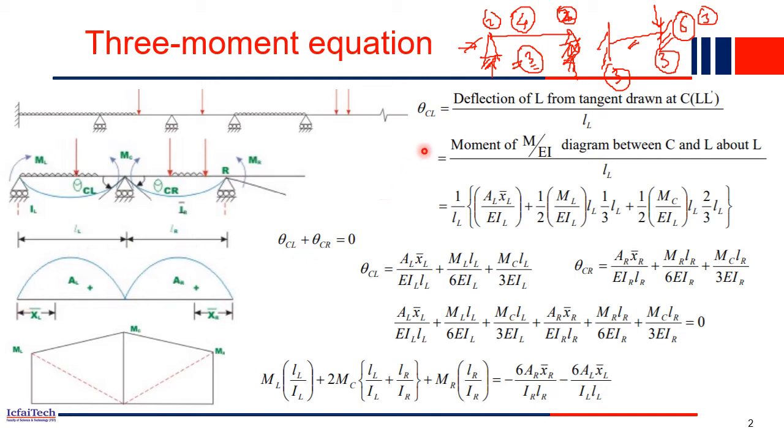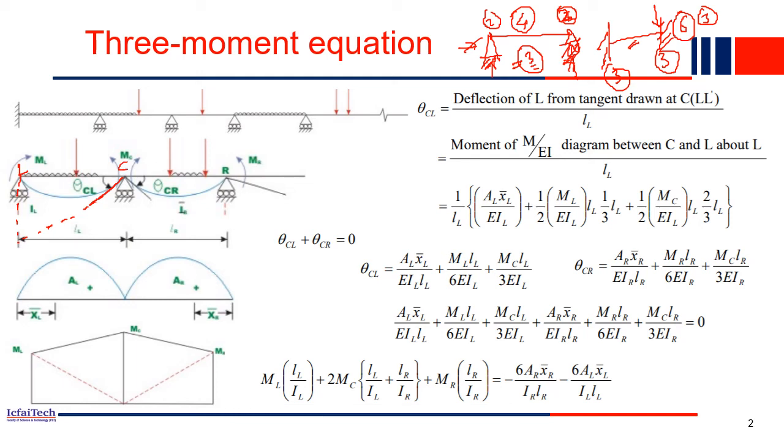So we'll do it. Theta CL will be what? Theta CL is here in this diagram. As per the moment area method, here we have drawn a tangent at this point, right? If you extend this tangent, now let's find out the deflection at L. This is L on the left-hand side, this is the center C, and this is R, already written.